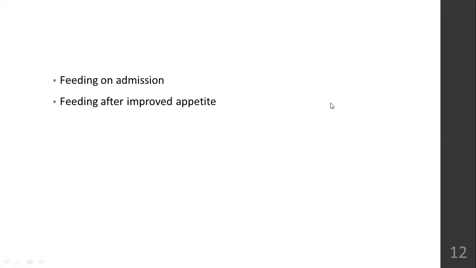But for all the other students, just know that on the day when the child is getting admitted, you have to focus on correcting the child's life-threatening conditions, not on feeding the child a stomach full of food, because otherwise the child will go into a state of shock. So feeding on admission is something you have to keep in mind. Just follow the pediatrician's recommendation. After doing the initial clinical and medical examination, the pediatrician will know how to correct the feed for the first few days in ICU.